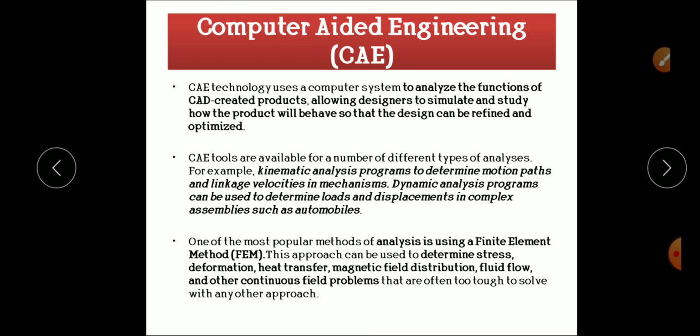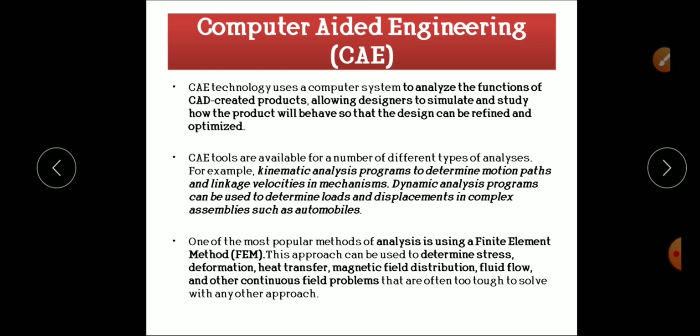Computer aided engineering, CAE technology, uses a computer system to analyze the functions of CAD created products, allowing the designers to simulate and study how the product will behave so that the design can be refined and optimized.